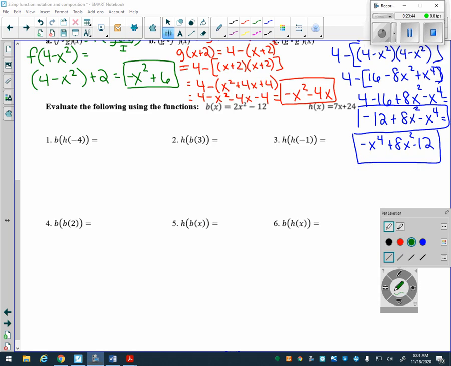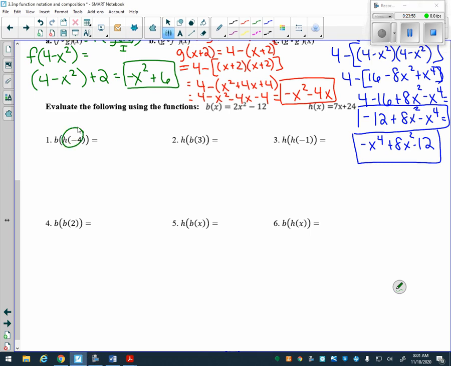Okay, then if we had to evaluate functions, you're given a b function and you're given an h function. So if you see b of h of negative 4, that means I have to evaluate h of negative 4 first, get an answer, then take that answer and input it to the b function. So h of negative 4: 7 times negative 4 plus 24. Negative 28 plus 24 gives us negative 4.